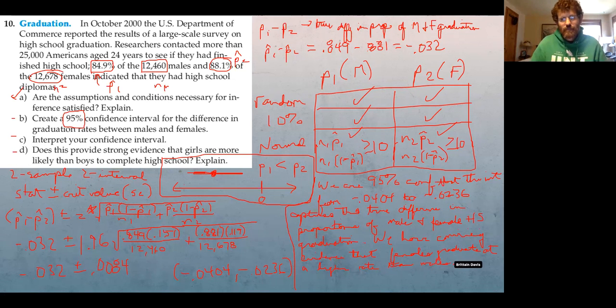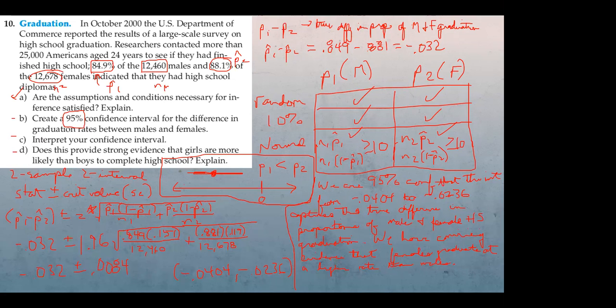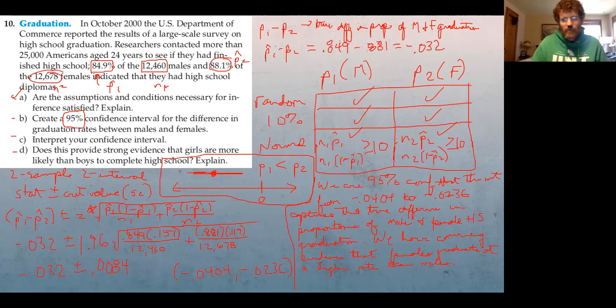Okay. And of course, you can phrase this different ways. This is just a good template that will always convey the right information, the right meaning. So there we go.